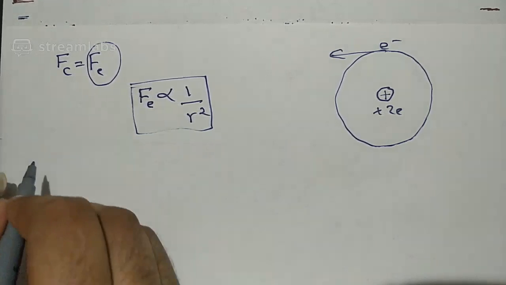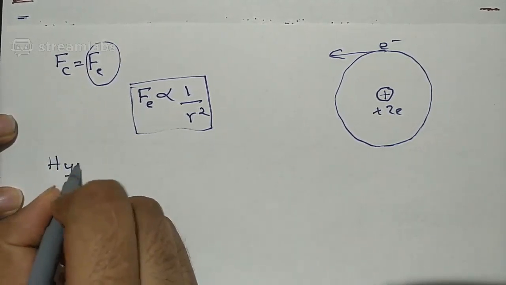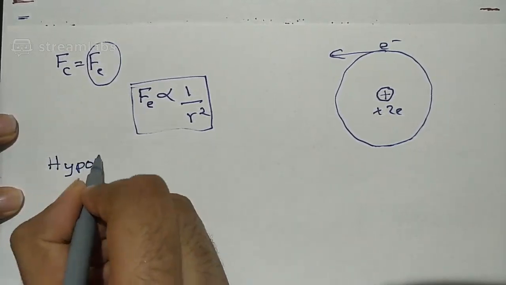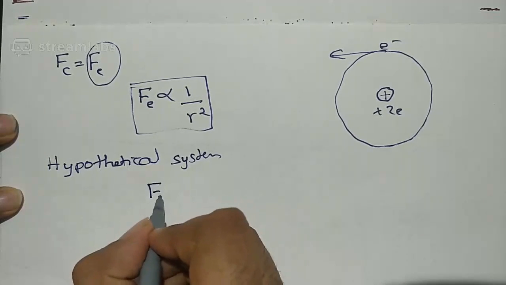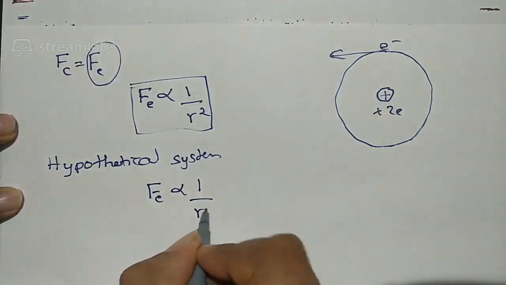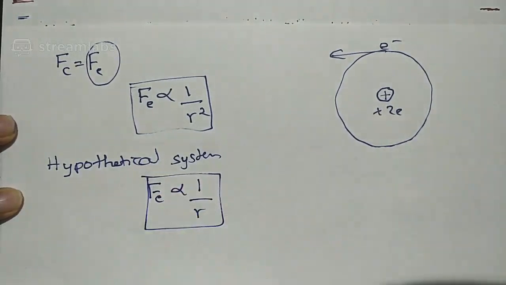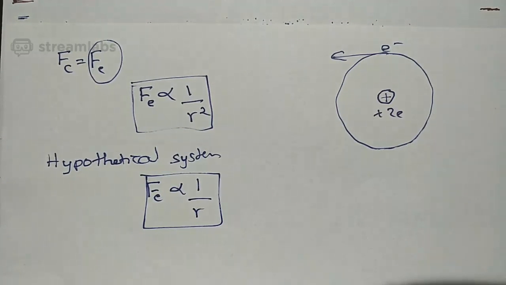Now I will construct a system in which the electrostatic force is inversely proportional to R. Practically it cannot exist, we know it is directly proportional to 1 by R square. But I will construct a system in which the electrostatic force is inversely proportional to R, not R square.